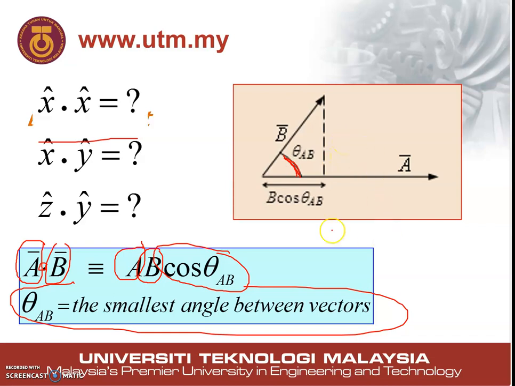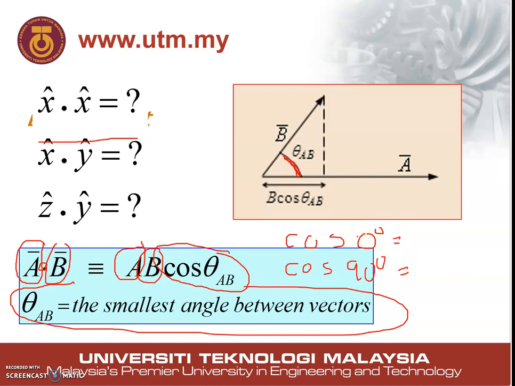So from this, before we go to these situations, let's get our calculator, or maybe we already know in our head. Okay, these two cases: cos 0 and cos 90 degree. What does that mean by 0?